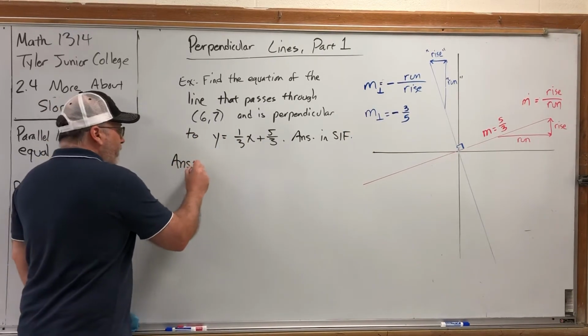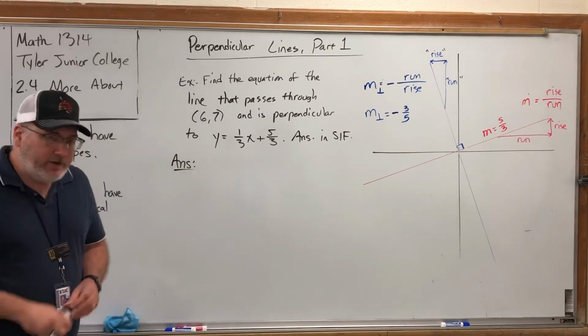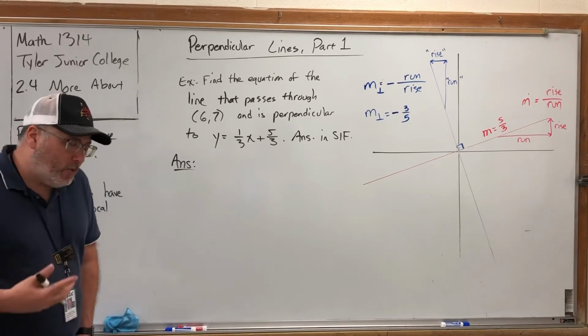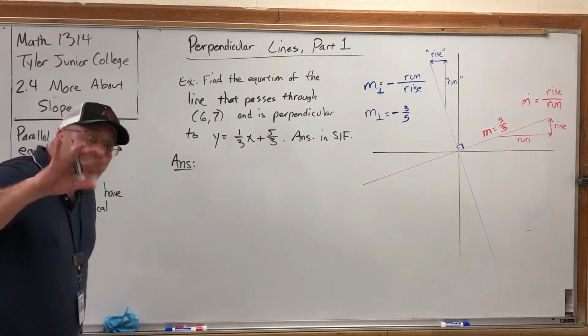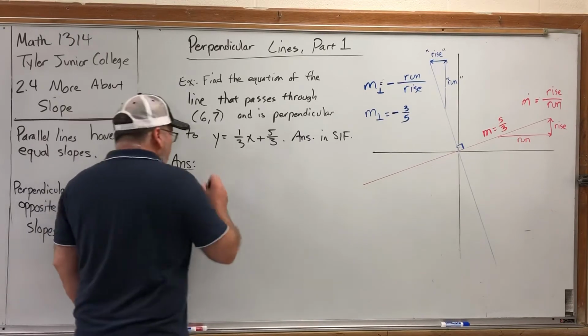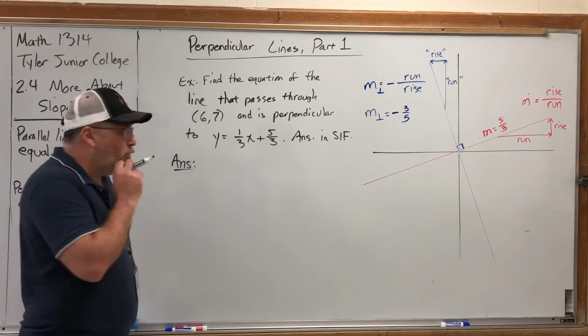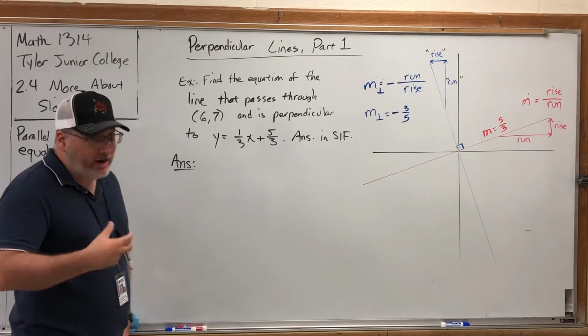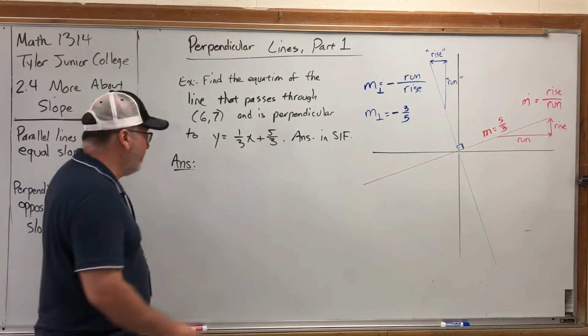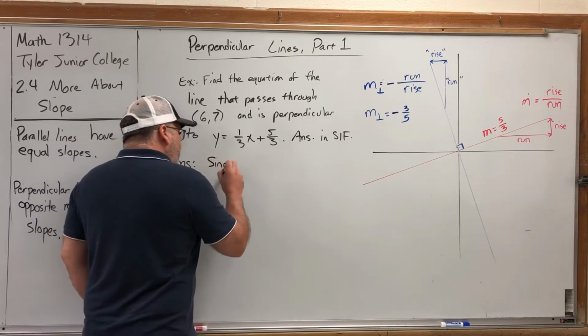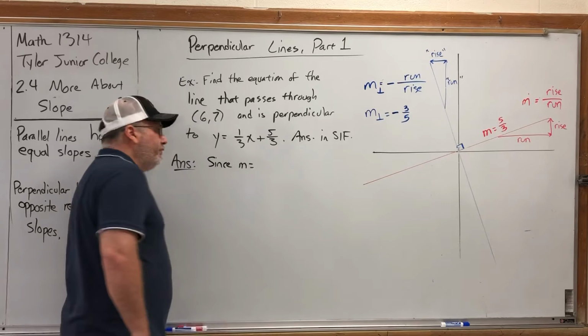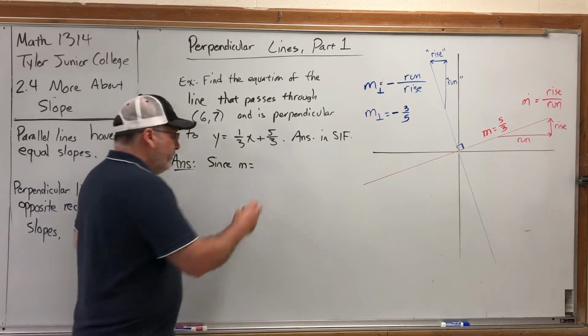Remember, when you build the equation of a line, you almost always, not always, but almost always start with point-slope form. But in order to use point and slope, I need the correct slope. I already have a point. What is the slope of the original line? 1/3.